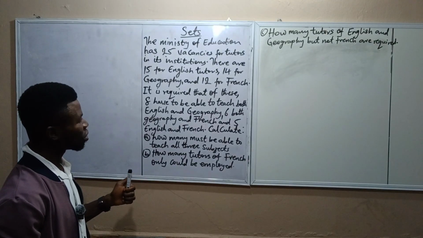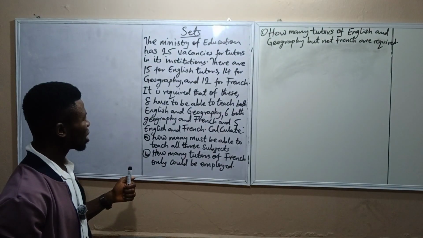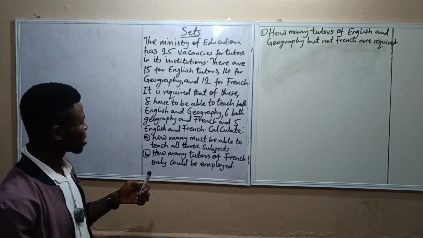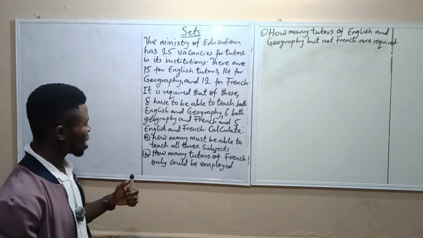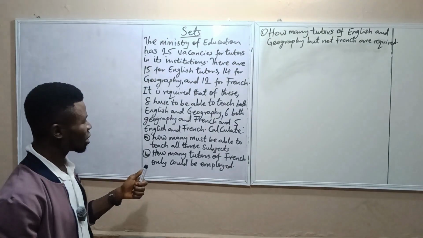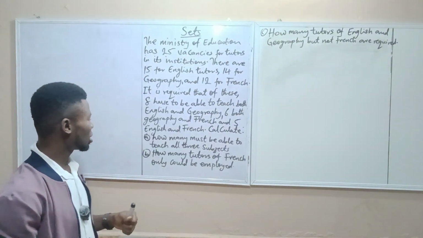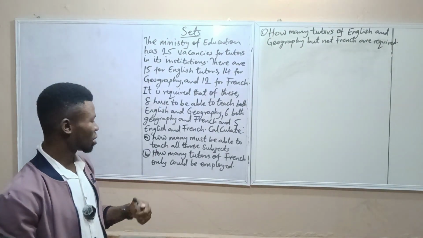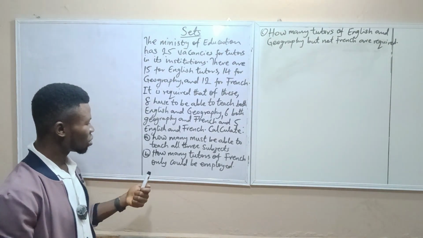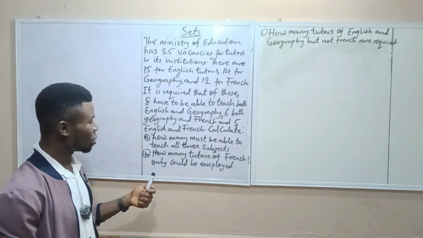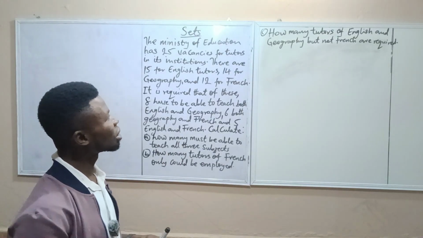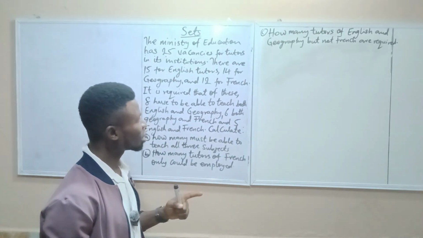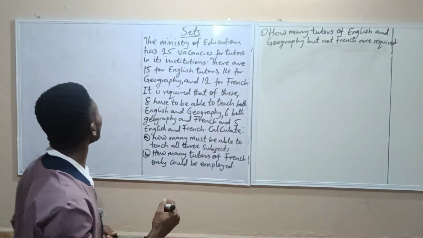It is required that of these, 8 have to be able to teach both English and geography, 6 both geography and French, and 5 English and French. Now calculate A: how many must be able to teach all 3 subjects? B: how many tutors of French only could be employed? And then C: how many tutors of English and geography, but not French, are required?